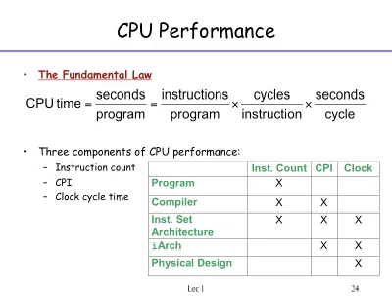For example, different numbers of pipeline stages will determine how many cycles per instruction we need. The clock cycle time is determined by the instruction set, again by the microarchitecture, and the physical design.